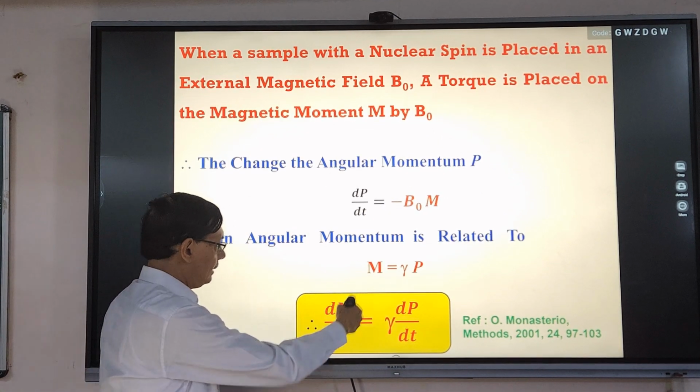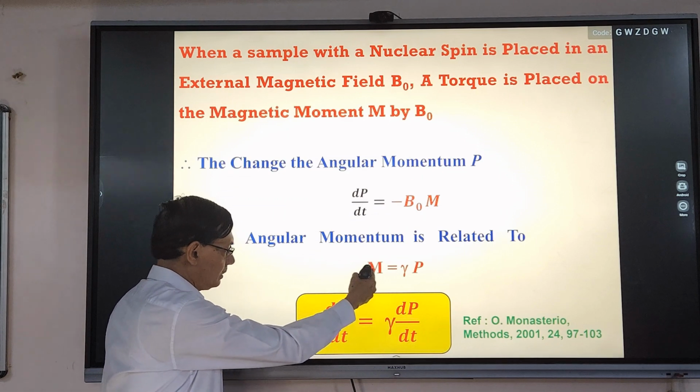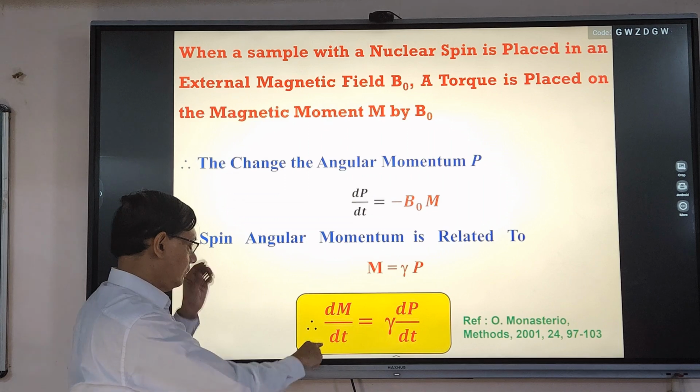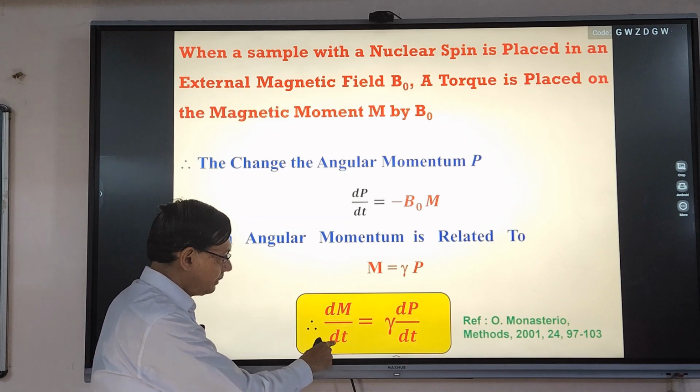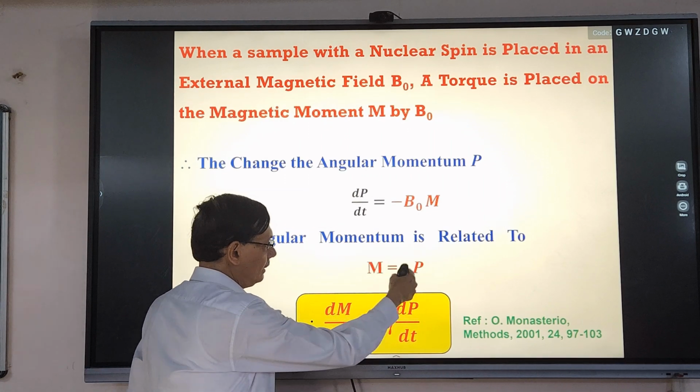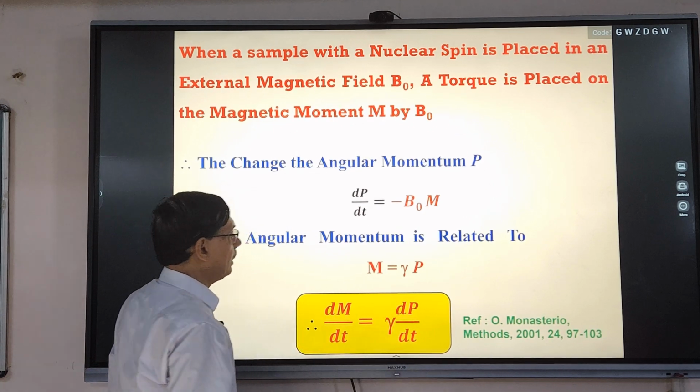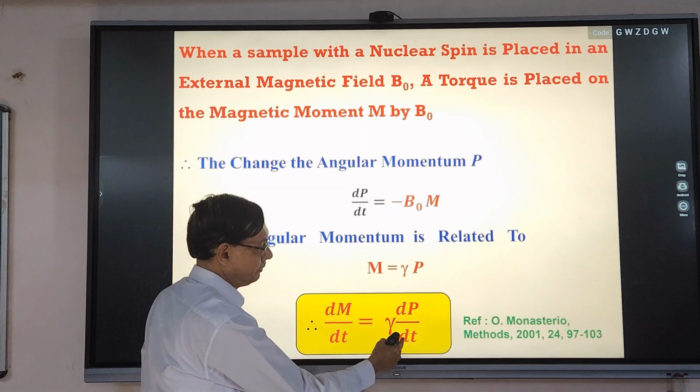If I take the derivative, that means the change of magnetization with respect to time is a constant times the rate of change of spin angular momentum with respect to time.